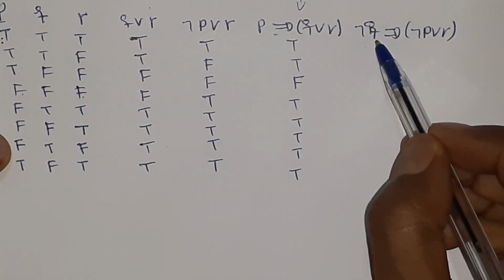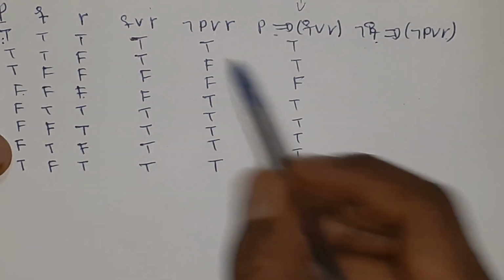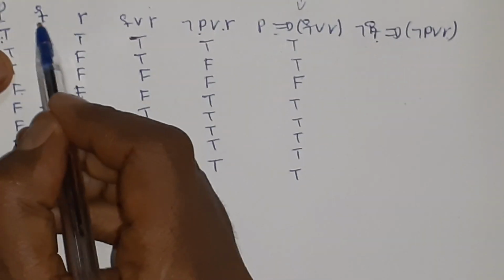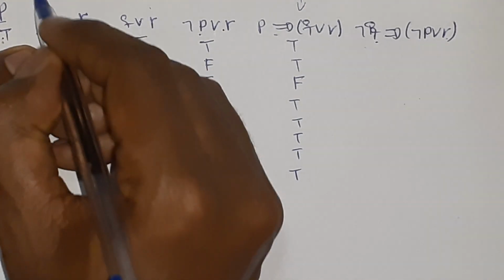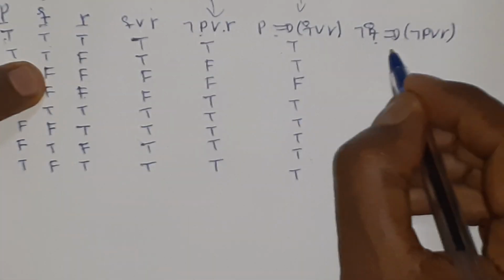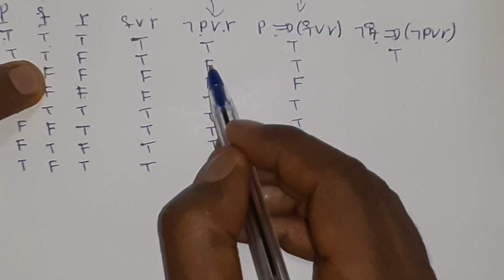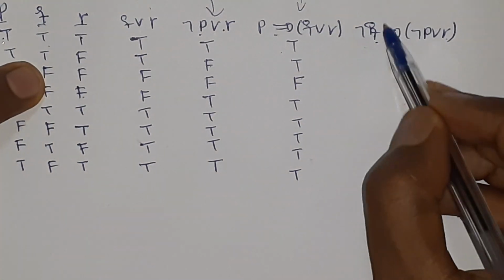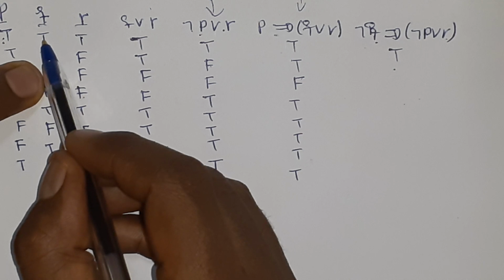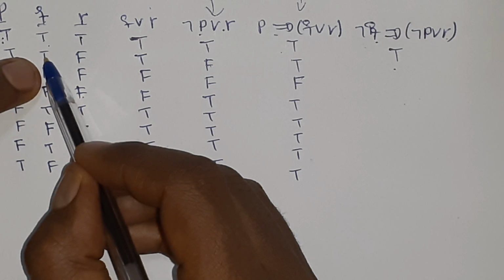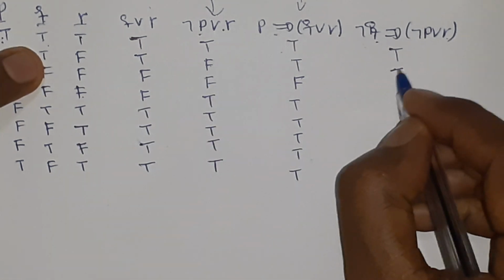Then here, negation of Q implies negation of P or R. Negation of P or R is here. For negation of Q, we have to consider the opposite of the second element, with this one. True implies true is true, true implies false is false. The negation of true is false, so false implies true is true. The negation of true is false, so false implies false is again true.